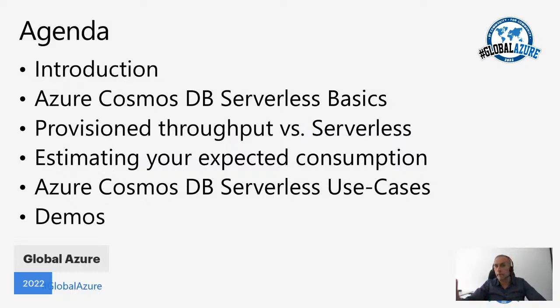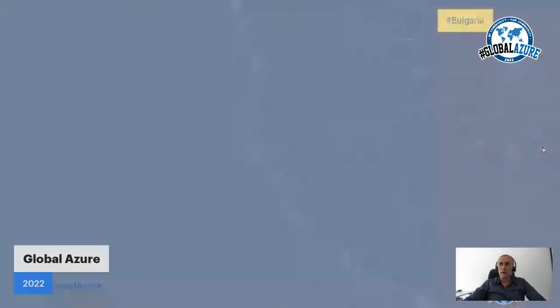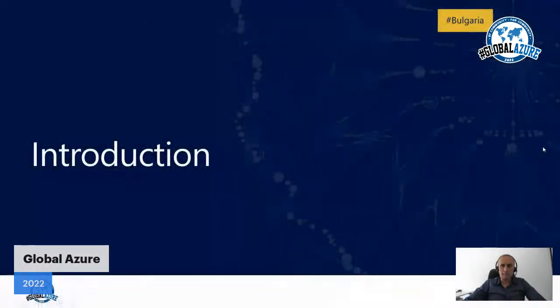It is directly related to the cost of a specific service, in this case Cosmos DB. We will consider several use cases and will demonstrate how you can use serverless. Let's start with the introduction.